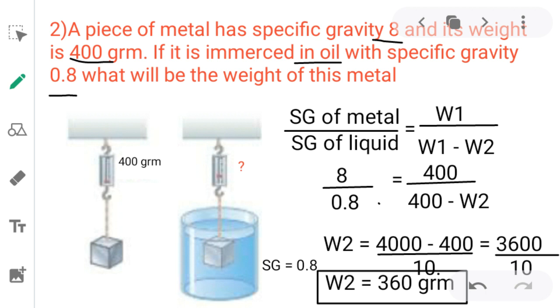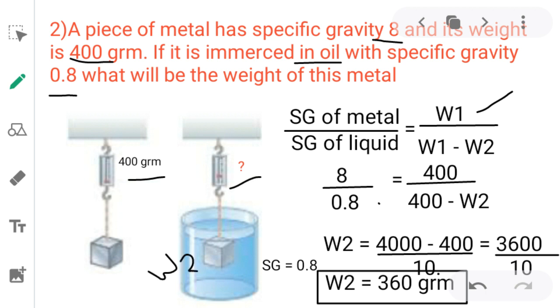To find that, we have the formula. Specific gravity is also called relative density. So the specific gravity of metal divided by specific gravity of liquid is equal to W1 divided by W1 minus W2. As per the given problem, W1, the weight of metal in air, is 400 grams, and W2, the weight of the metal in the liquid, has to be calculated.